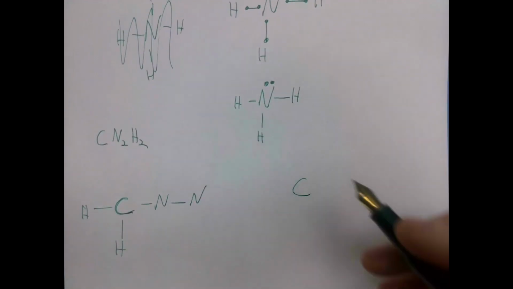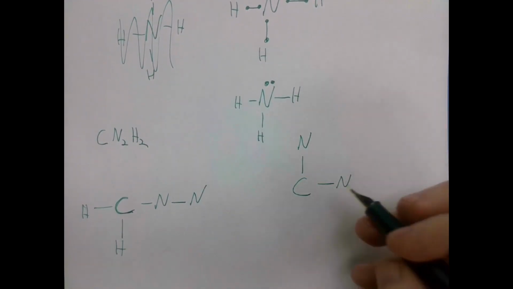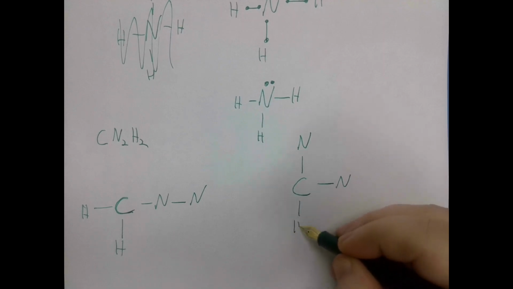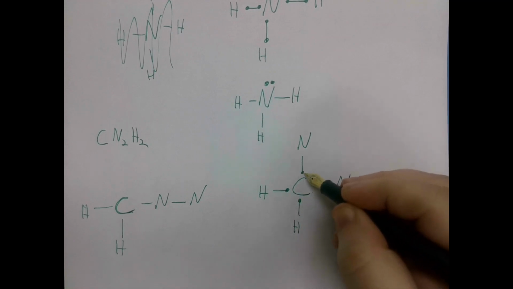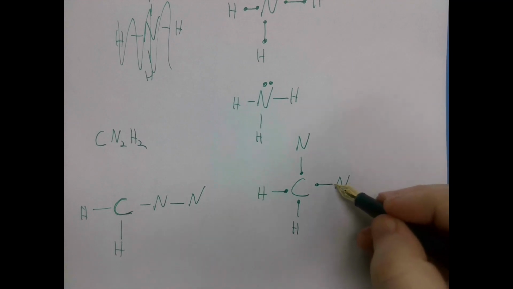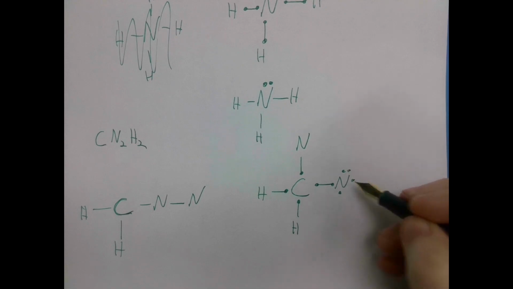So let's try doing this. Let's see why this doesn't work. Put nitrogen here, hydrogen here, and a hydrogen here. So this carbon has 1, 2, 3, 4. This nitrogen has 1, 2, 3, 4, 5.